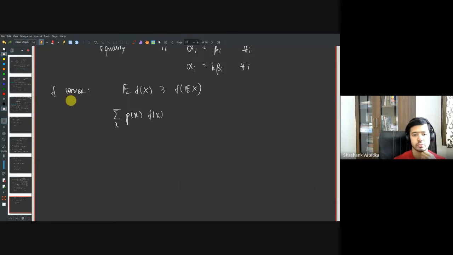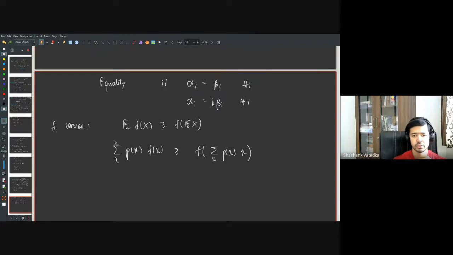Okay, so let's look at Jensen's inequality. What does it say? It says that the expectation f of x is greater than or equal to f of summation over all x P of x times x. And our goal is to somehow use this.